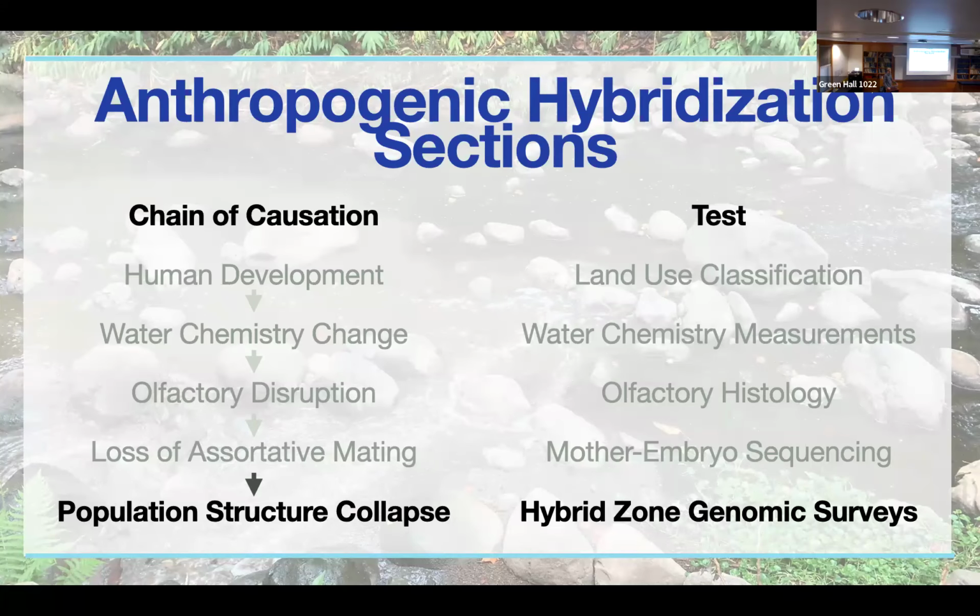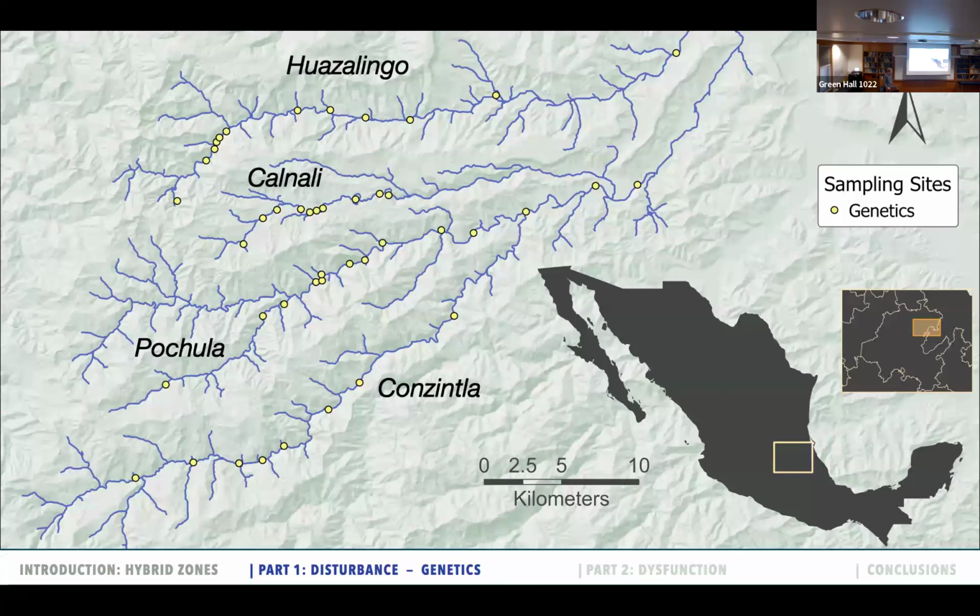I was very fortunate to inherit an entire dissertation's worth of genomic sequences from the Pochula and the Huasalingo River, and then I did the sequencing, or I collected for the Concitla River, and then through a combination of my fieldwork and some other people's fieldwork, we got Calnali River.